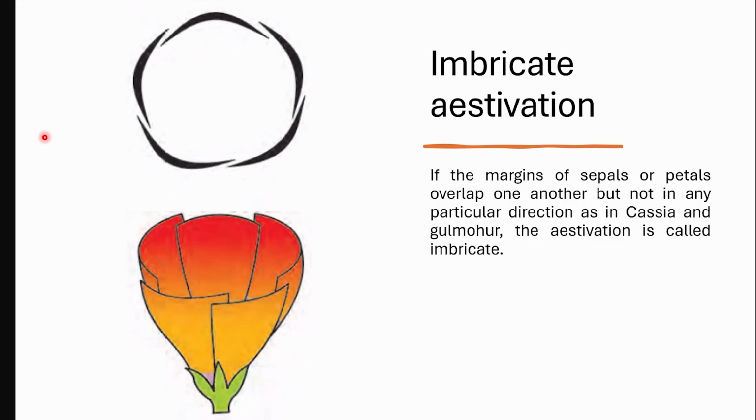If the margins of sepals or petals overlap one another but not in any particular direction, as is seen in Cassia and Gulmohar, the aestivation is imbricate, right? So there is a definite overlap, but it is not in any particular direction per se.